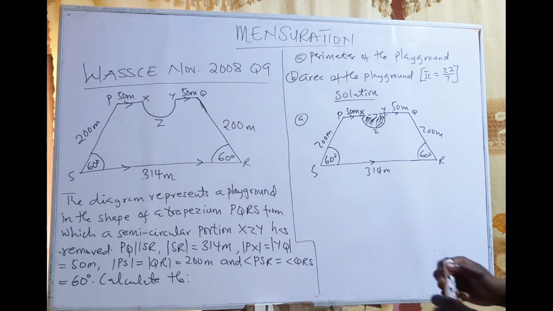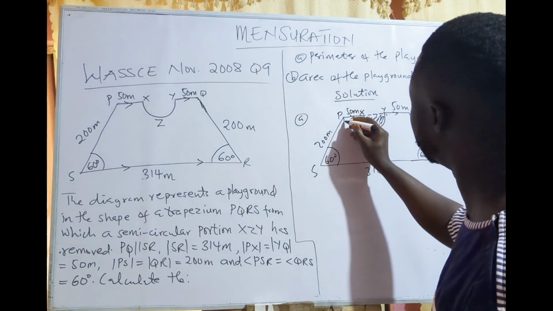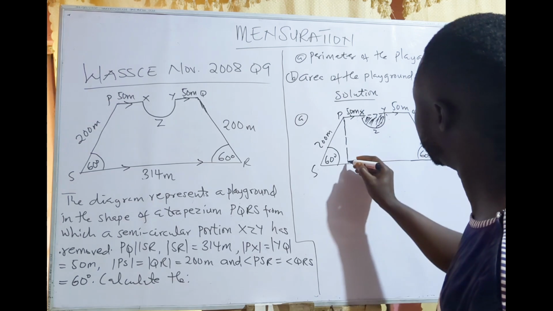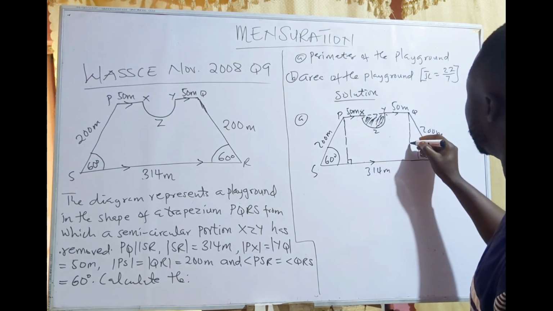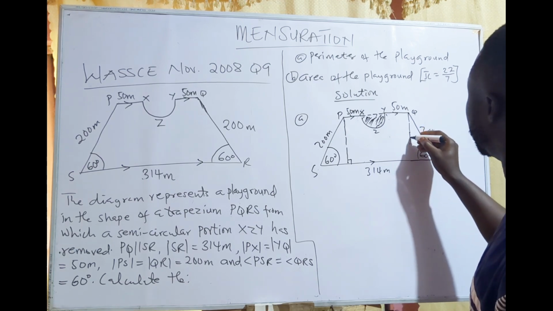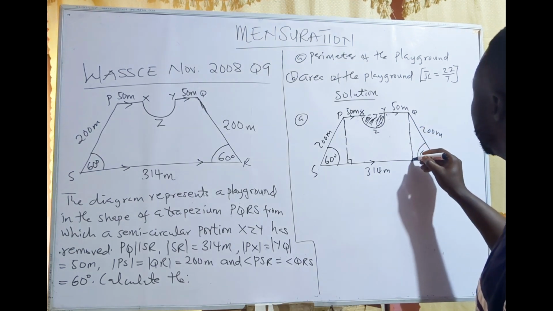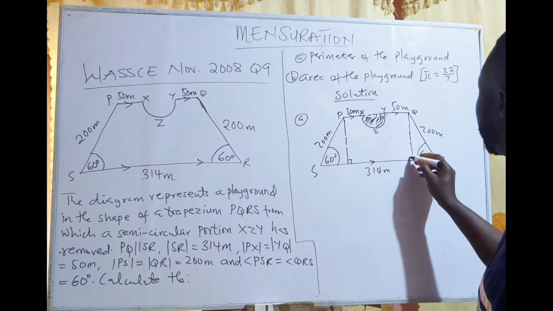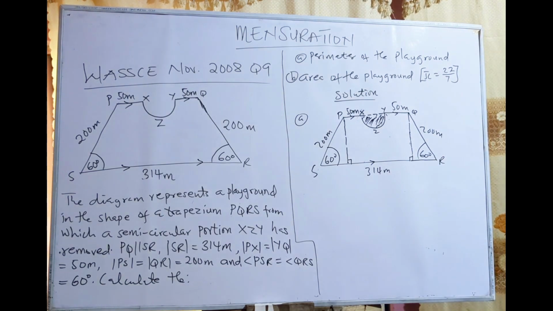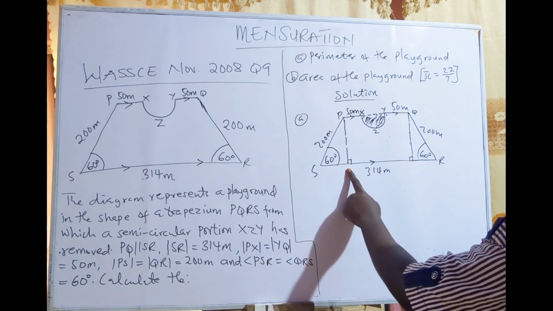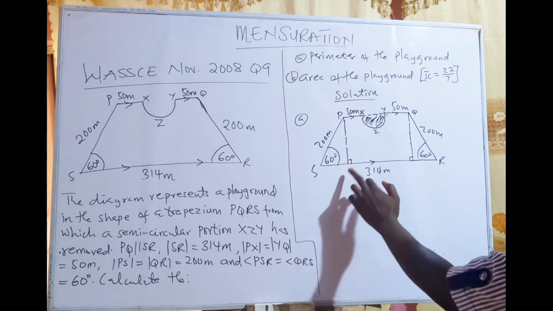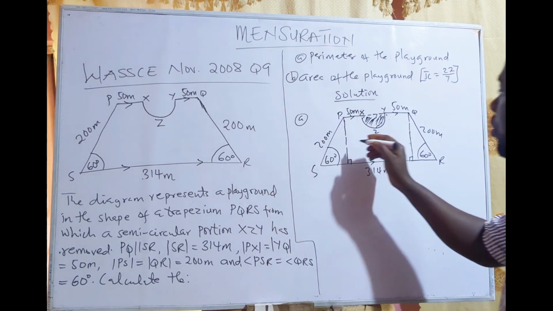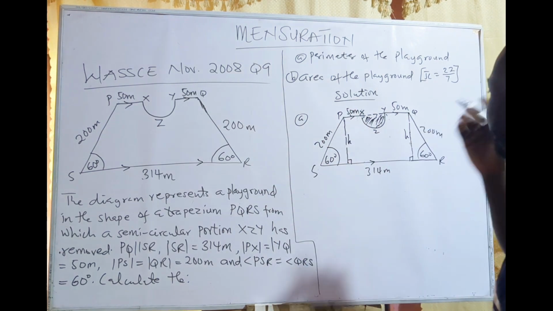Let me join from P to here and get the height, if that can help me get XY, which is the diameter. If I join from here to here, it becomes the height of the trapezium, and from here to here too becomes the height of the trapezium.